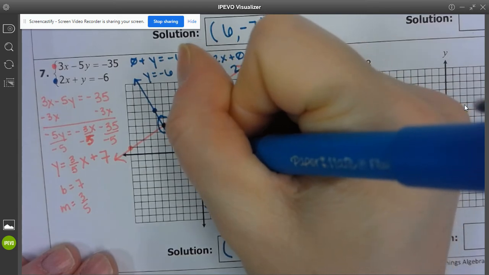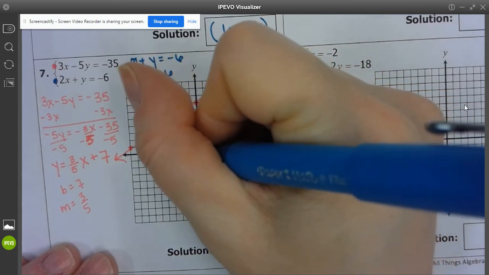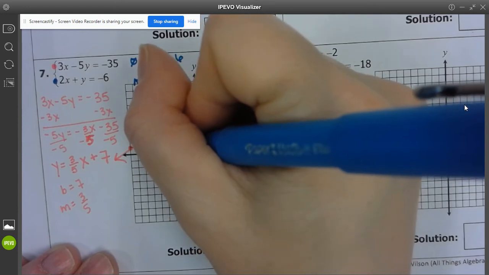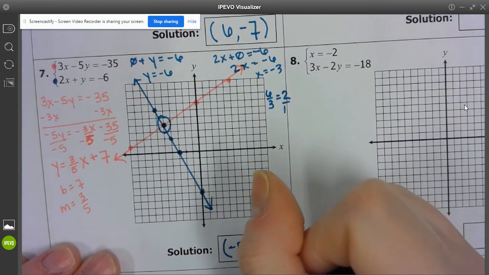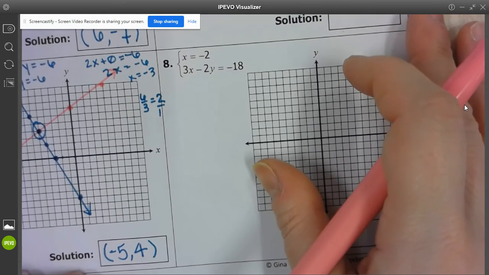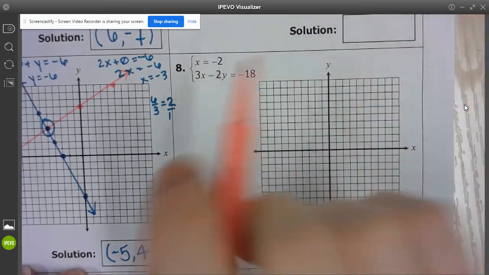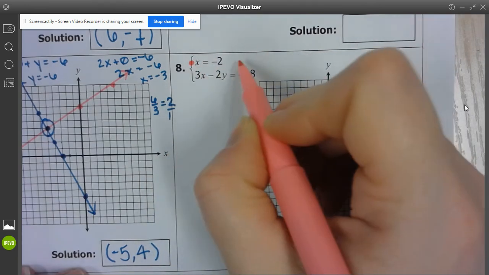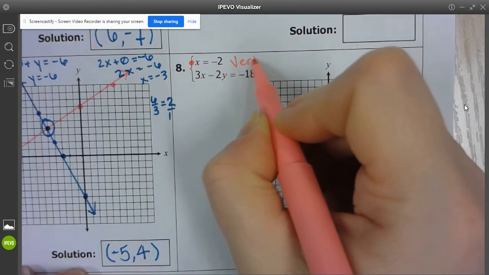So let's see. 1, 2, 3, 4, 5 in the negative direction for x. 1, 2, 3, 4 in the positive direction for y. And the only thing I'm going to do with you with number 8 is talk about this right here. This is a vertical line.